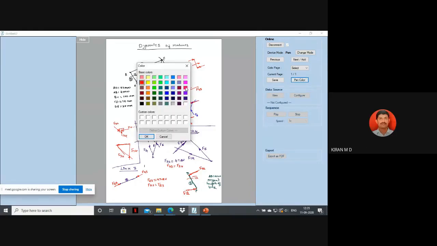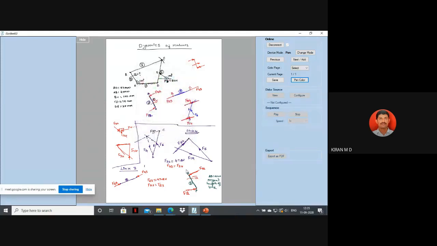Not AB actually. You have to extend this line and draw the line, because these two lines are parallel.